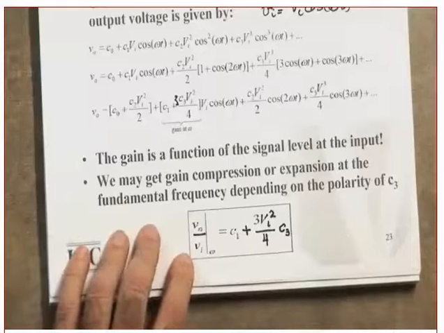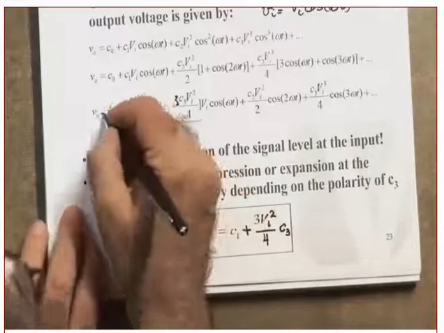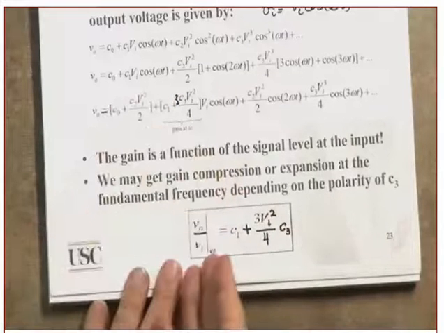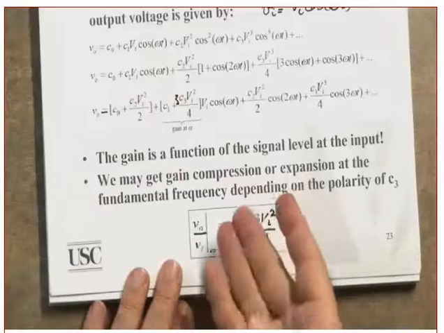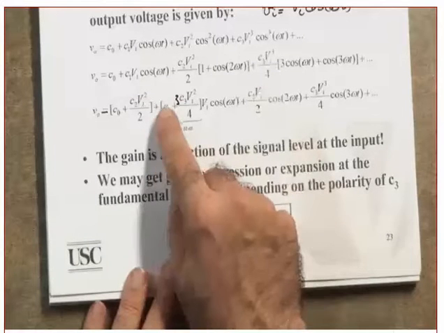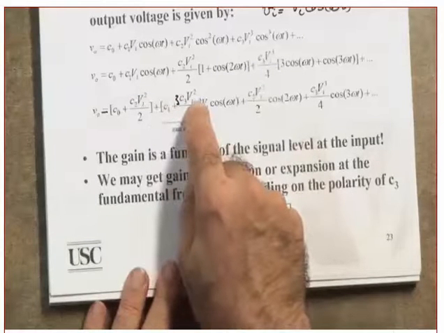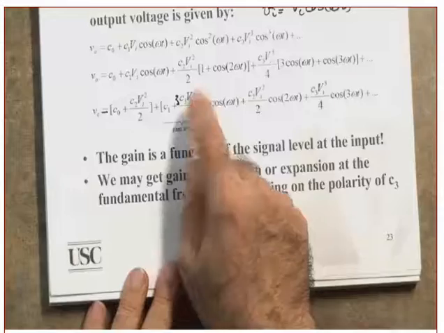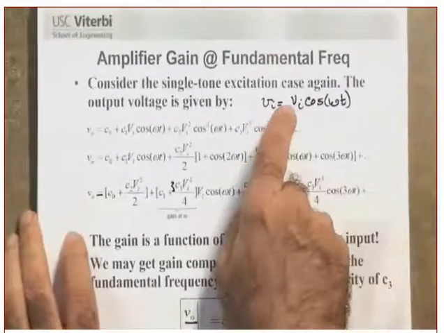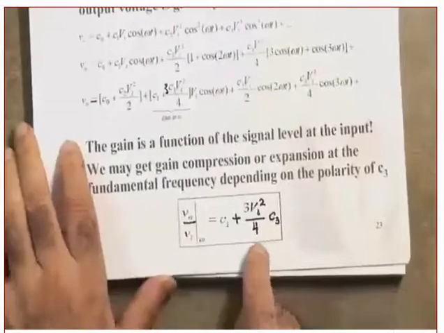Did you see where this came from? We divide the voltage at the fundamental at the output by the input. The VI cancels and you end up with this.